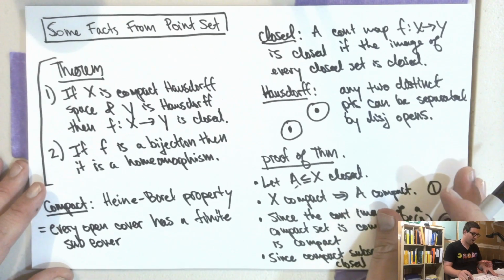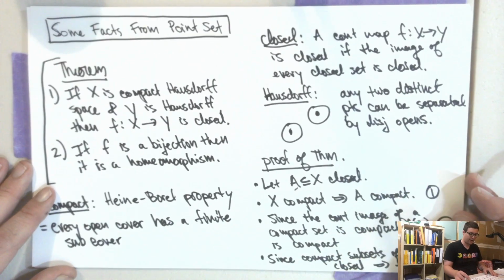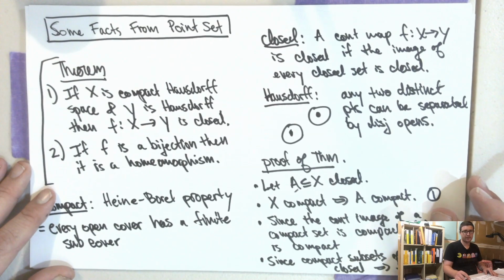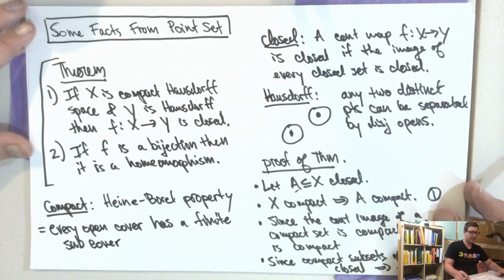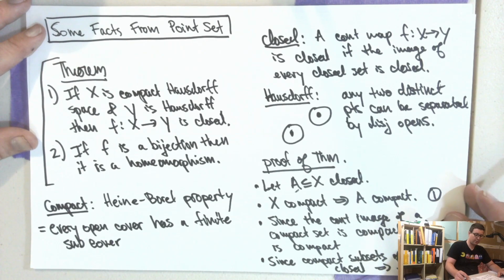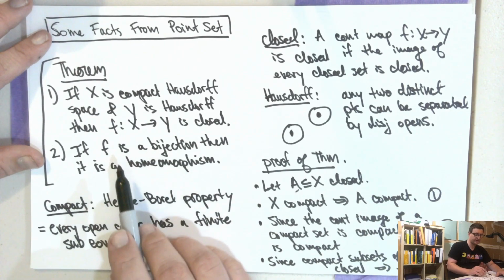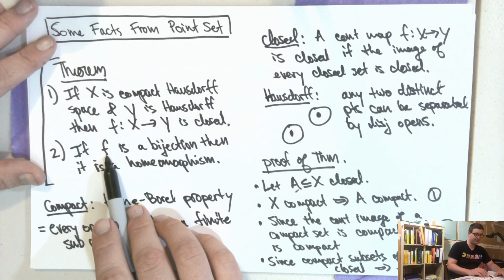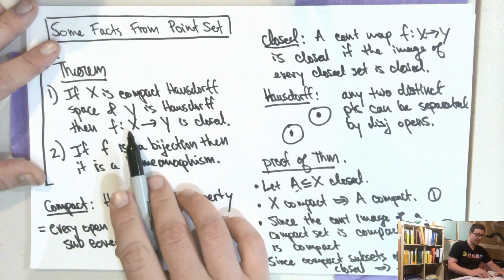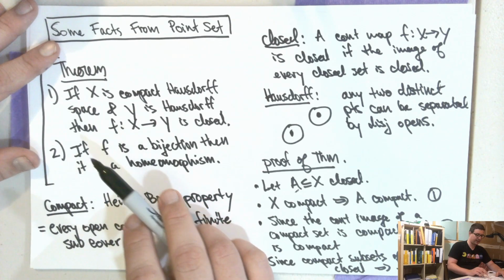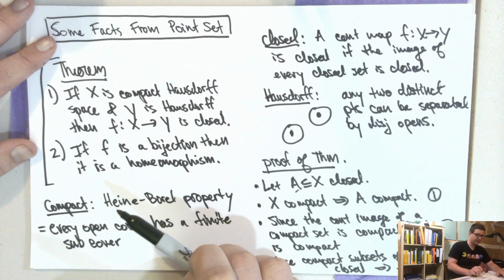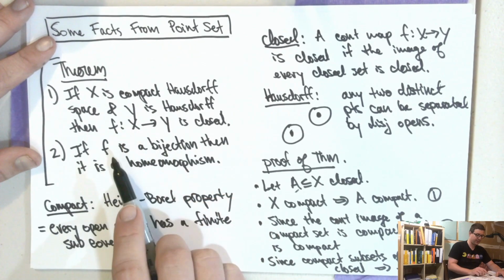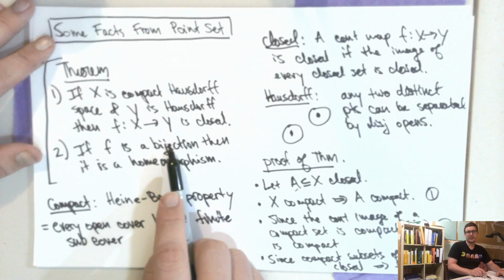Okay, and so now if we have a bijection, this is what I was saying. So now I can prove 2. Right, so this proves 1, and so now we have that this map is closed, right? And so if you have a bijection, it's automatically a closed map.